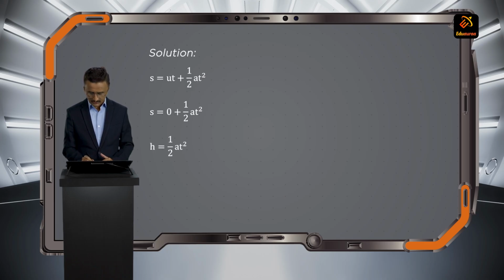So h is equal to 1 by 2 a t square. Now I can calculate a in terms of t and h. So a is equal to 2h by t square.